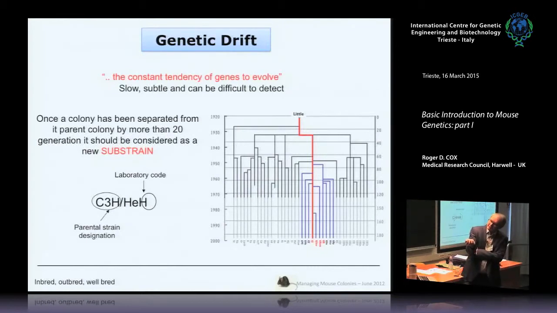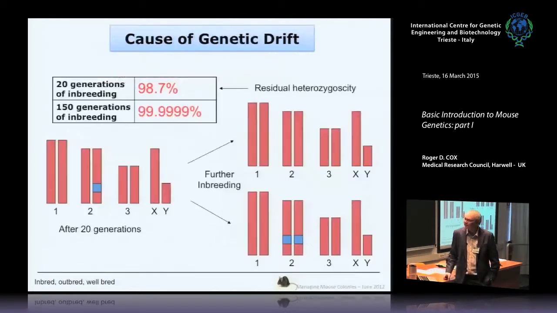So you'll see this is the C3H strain, the name of the parental strain, and HEH refers to the laboratory that this substrain is now in. You'll find there are lots of C3H substrains, and they will usually have a laboratory code on them as well. Here we've got 6J, which is Jackson, and 6N, which is NTAC, which is Taconic, I think. And they do differ, which I think will be on a later slide.